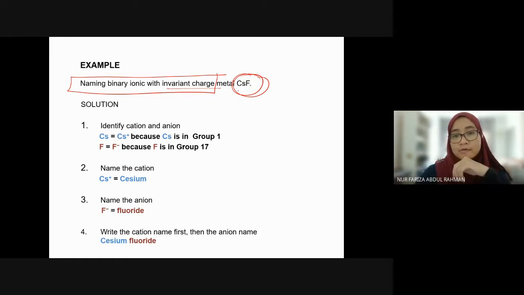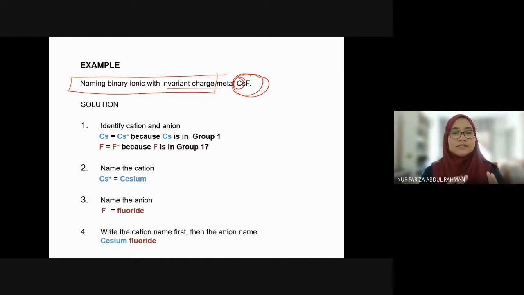How do we know that? Cesium is a metal that comes from group 1. Since we have a metal in the compound, it automatically becomes an ionic compound, so we need to follow the ionic naming style.